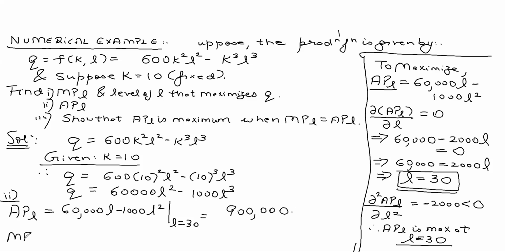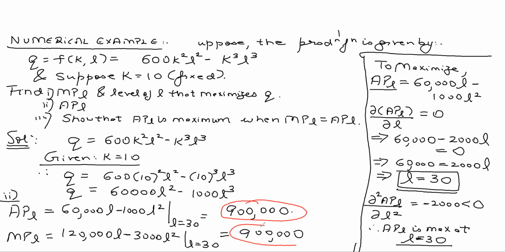And what was my MPL? My MPL was 120,000 L minus 3000 L square. In this, if I put L as 30, what do we get? You can see we get 900,000. So when APL is maximum, you can see that APL is equal to MPL.